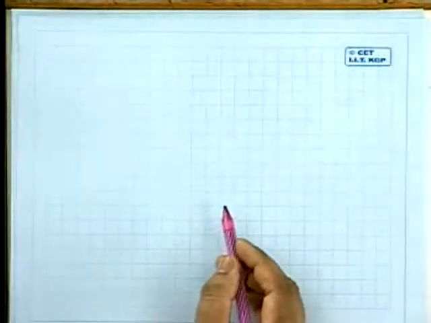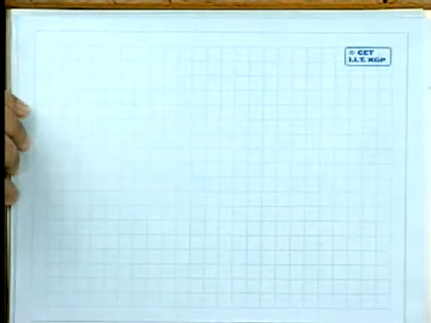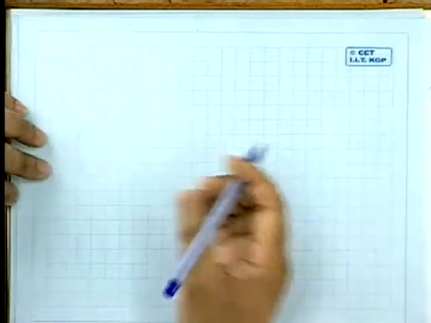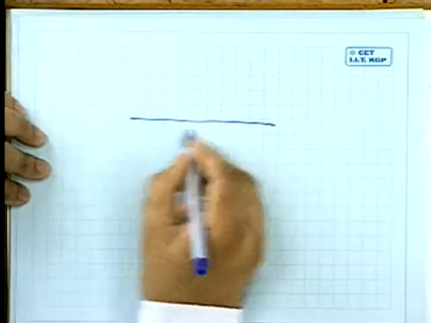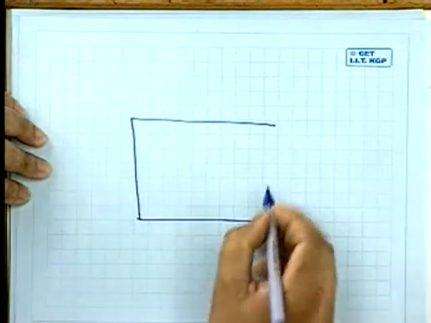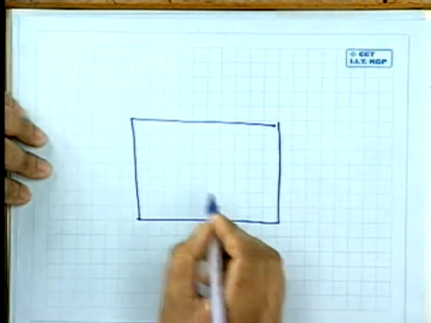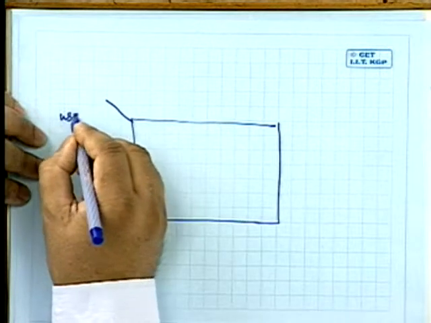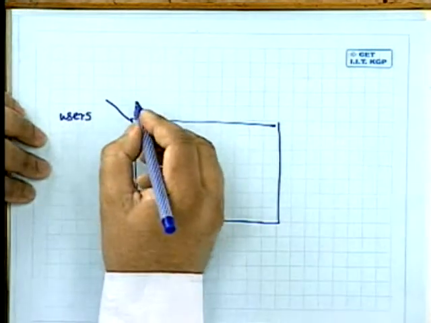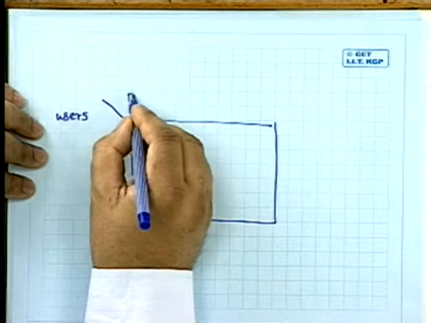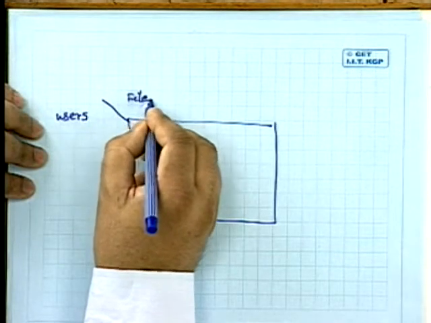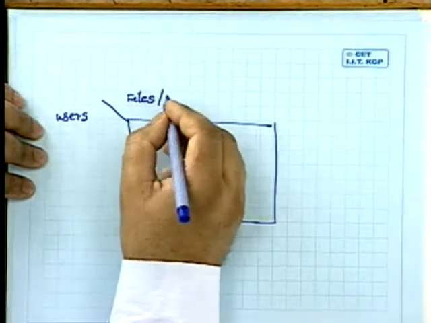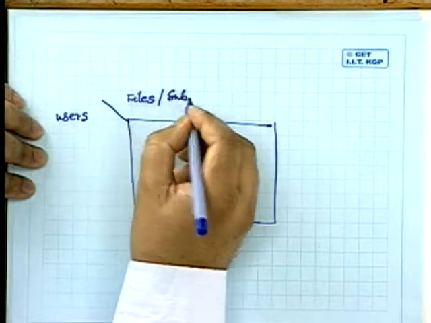In the case of a matrix, what is done is this, you create a matrix like this. Here you have all the users and say here all the files or the subdirectories.